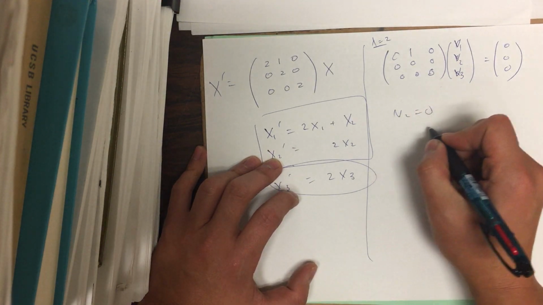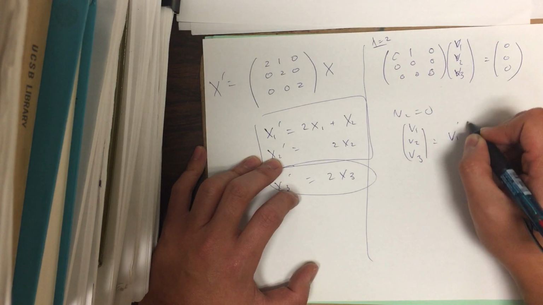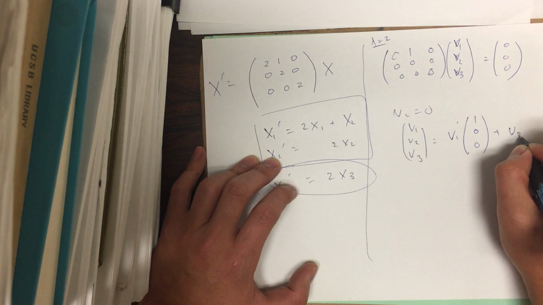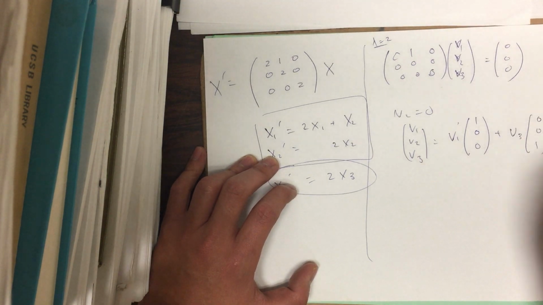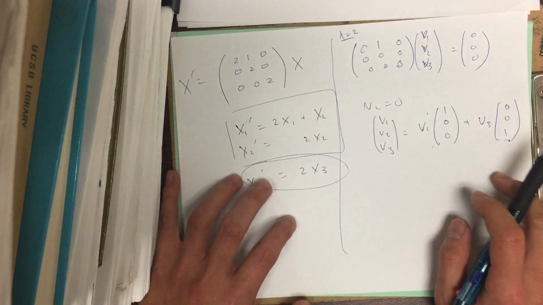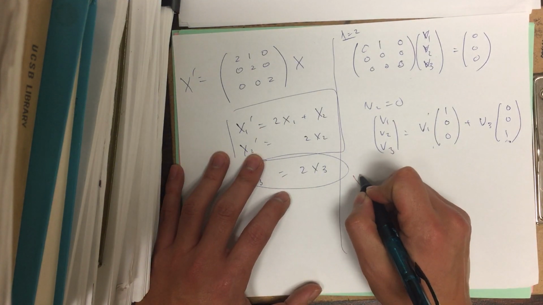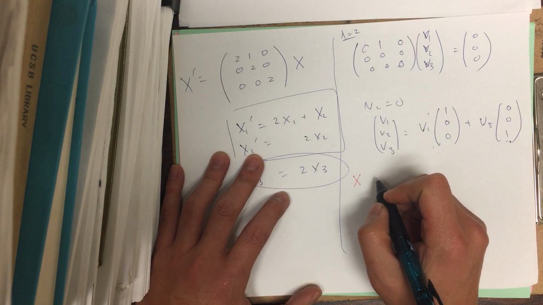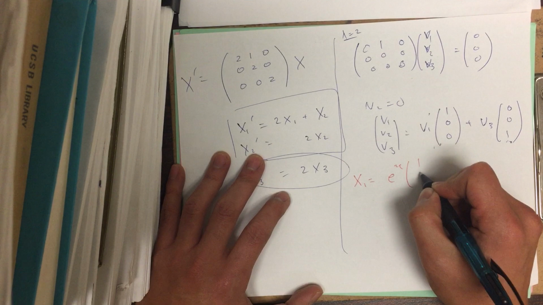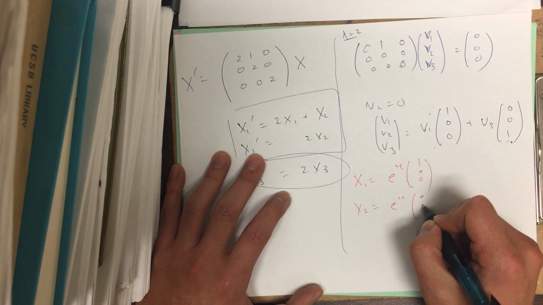And so (v1, v2, v3) can be split into v1 times (1, 0, 0) plus v3 times (0, 0, 1). And so you have two linearly independent eigenvectors. So one of our solutions is e^(2t) times (1, 0, 0). Another solution is e^(2t) times (0, 0, 1).